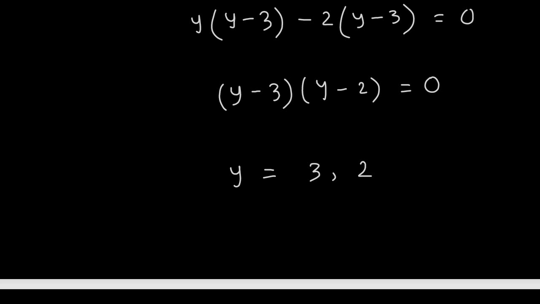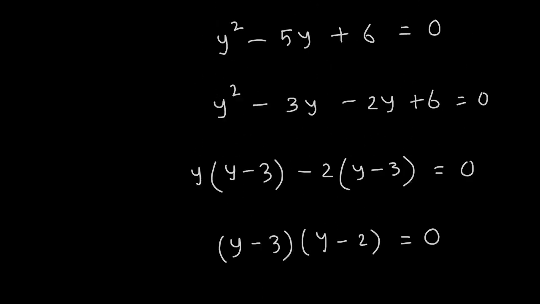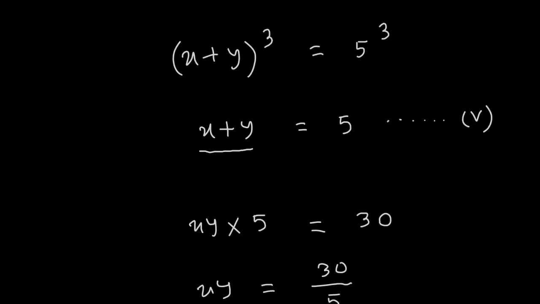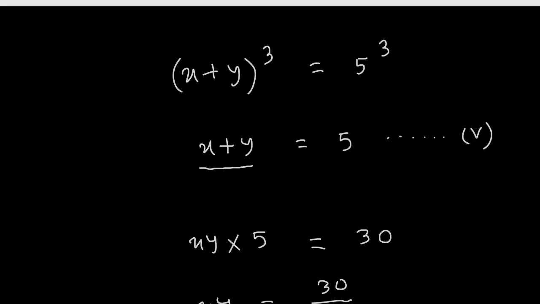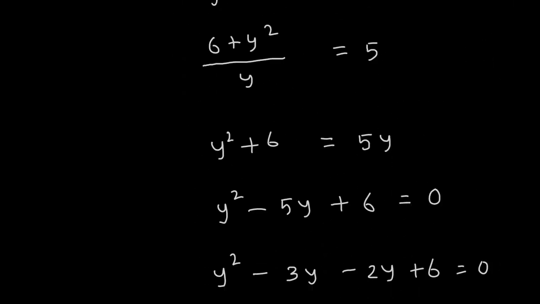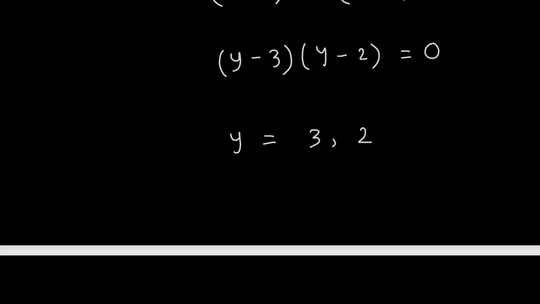If we put the value of y in equation number 5 here, x plus y equals 5, we get two values of x, which is also 2 and 3. So when y is 3, the x value is 2. When the value of y is 2, the value of x is 3.